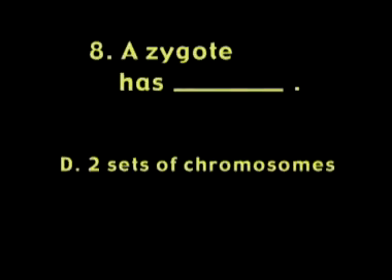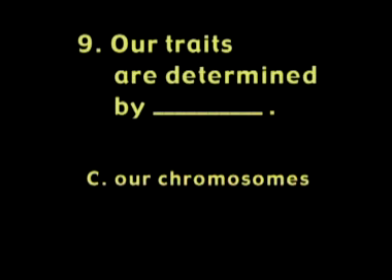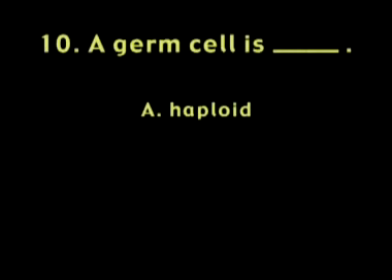D. Zygotes have 2 sets of chromosomes. Question 9. C. Our traits are determined by our chromosomes. Question 10. A. A germ cell is haploid.